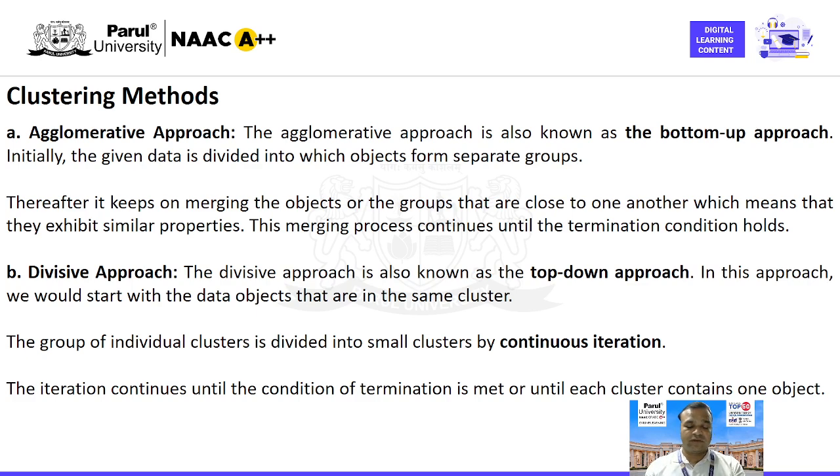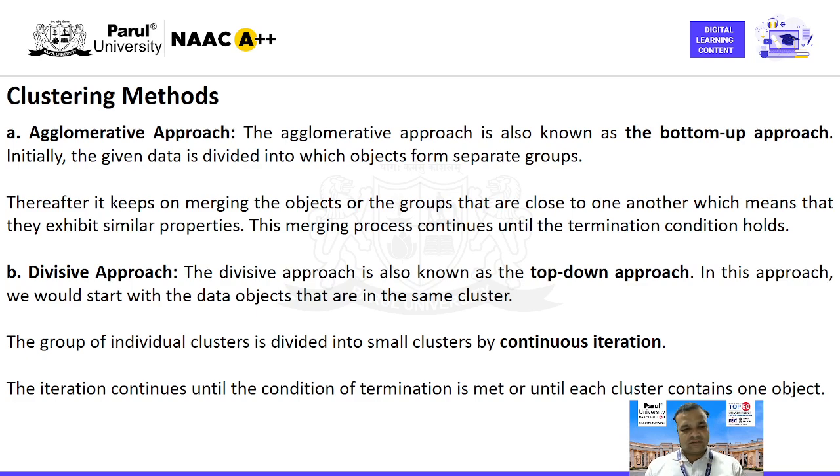Divisive approach. The divisive approach is also known as the top-down approach. In this approach, we start with all the data objects in the same cluster. The group of individual clusters is divided into smaller clusters by continuous iteration.